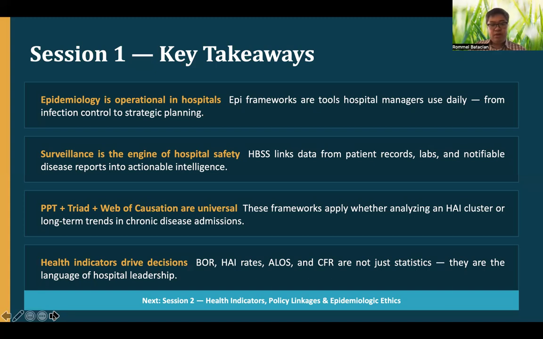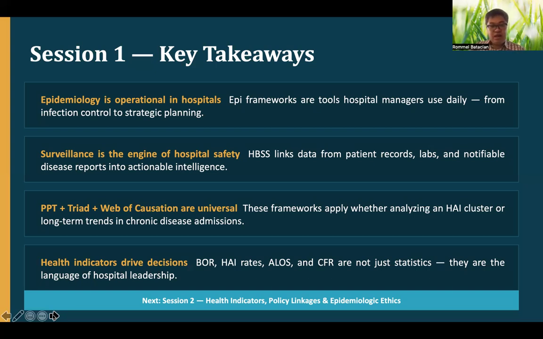So it's important again to go back to person, place, time, the epidemiologic triad, and the web of causation, because these are very important frameworks when analyzing whether it's a healthcare associated infection cluster or if you're looking at long-term trends, particularly the non-communicable chronic diseases.